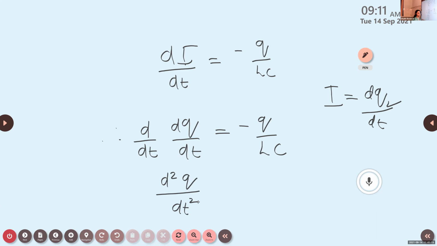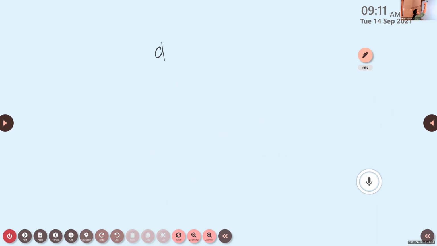So d square q by dt square is equal to minus q by LC. Or we can write d square q by dt square plus q by LC is equal to 0.